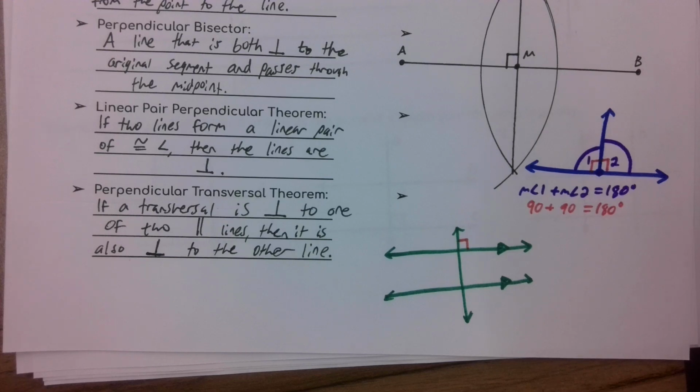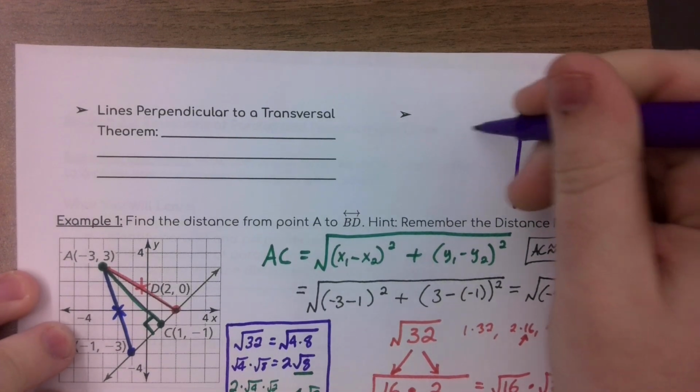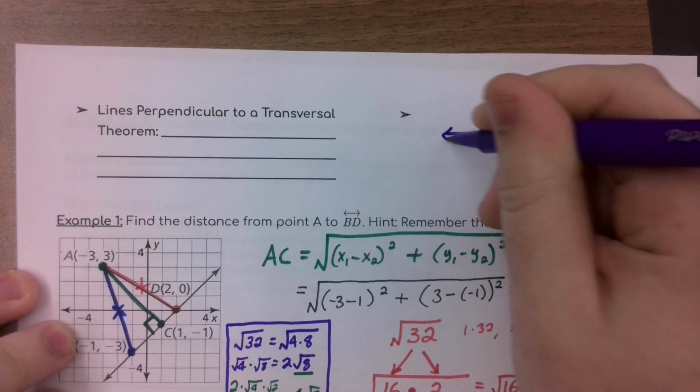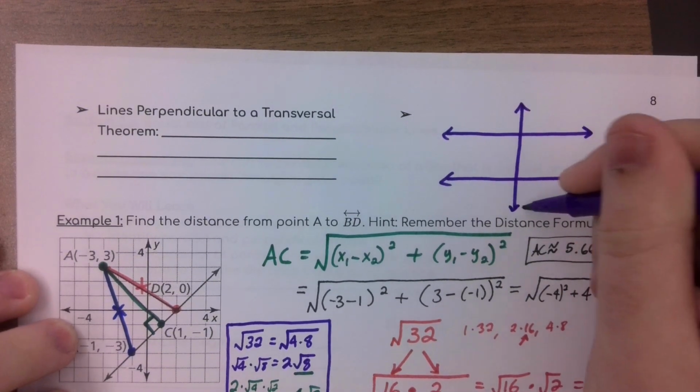Last but most certainly not least, let's flip the page to take a look at the final theorem of today. The lines perpendicular to a transversal theorem. And this acts almost, not quite, but almost like a converse to the previous one. This one says the following. We've got a pair of lines here.